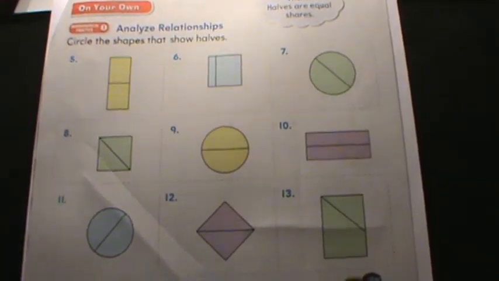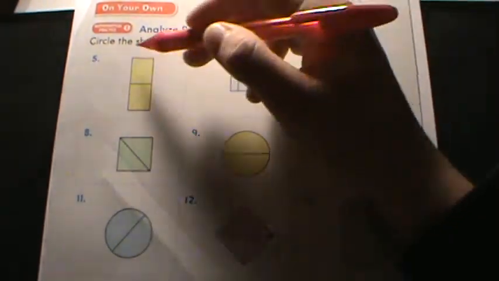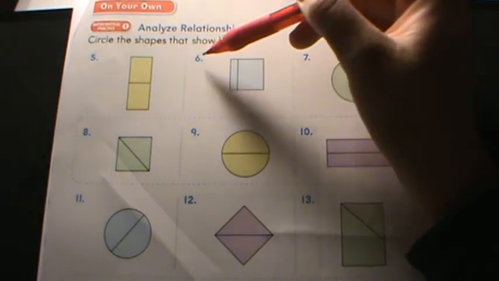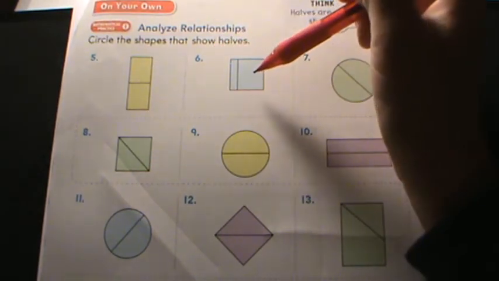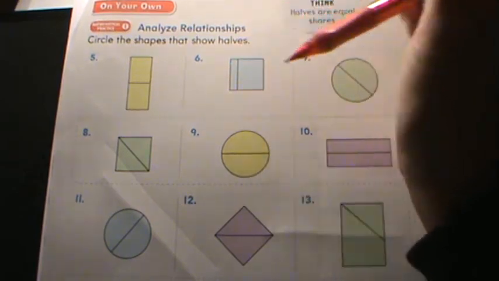On the third page for 5 through 13, you are circling the shapes that show halves. So if number 5 is showing halves of that shape, circle it. If it's not, leave it alone. If number 6 is showing halves, you can circle it.